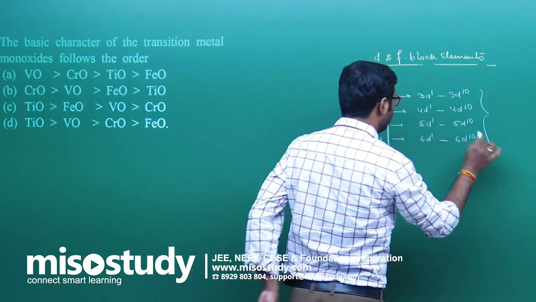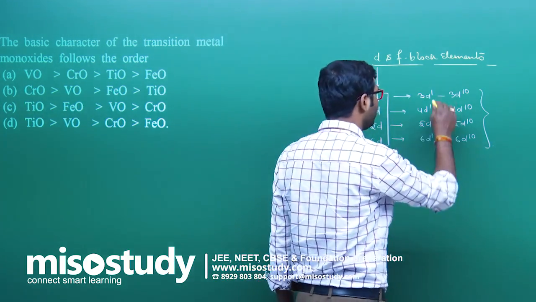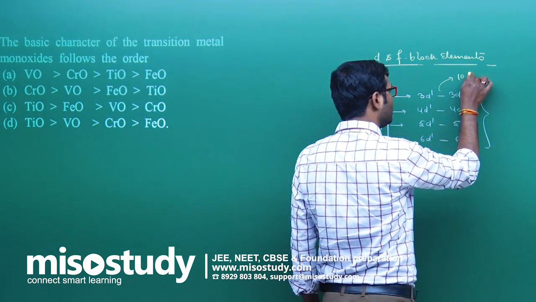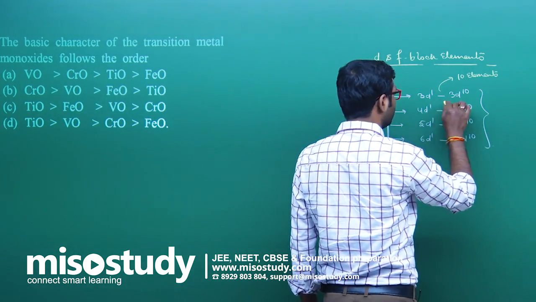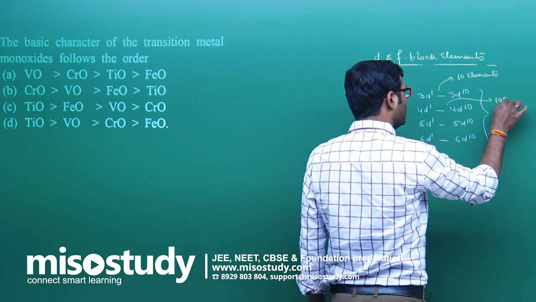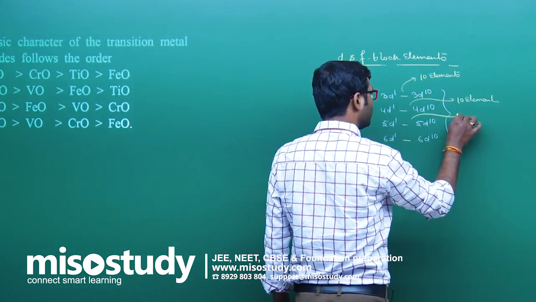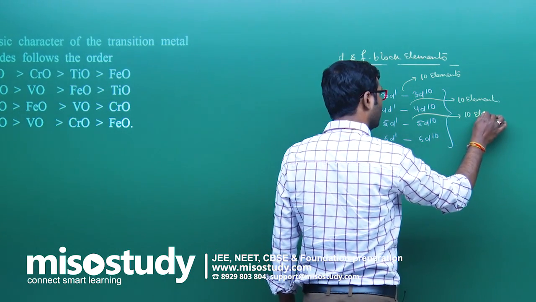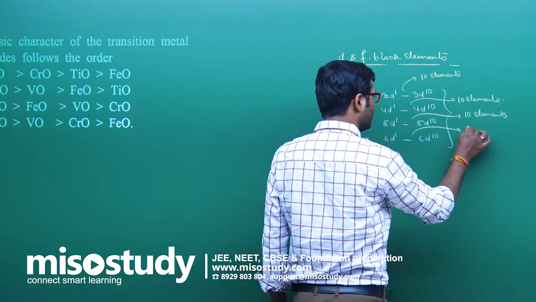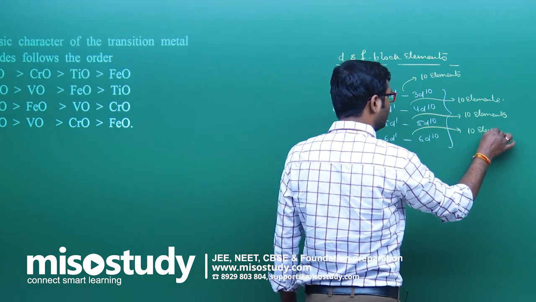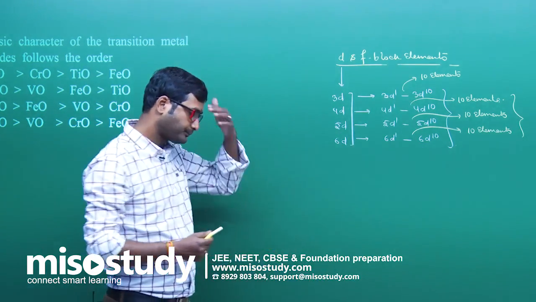Is it clear? Yes sir. In the 3D series there are total 10 elements, in the 4D series again 10 elements, in the 5D series again 10 elements, and in the 6D series again 10 elements. Is it clear? Yes sir, absolutely.